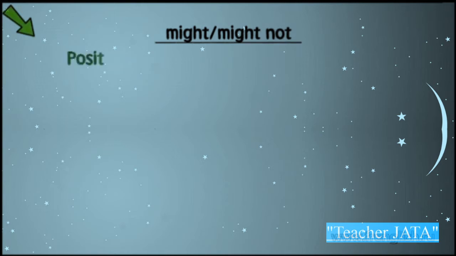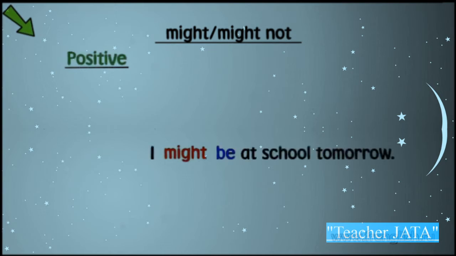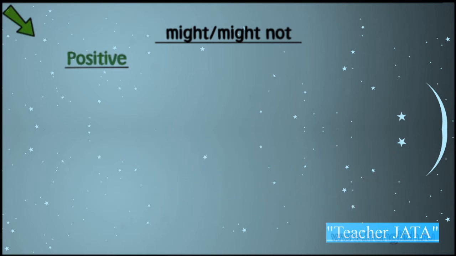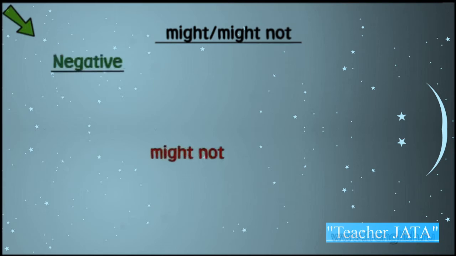We form positive sentences with might like this. The form is the same for all subjects. We form negative sentences with might not, like this.